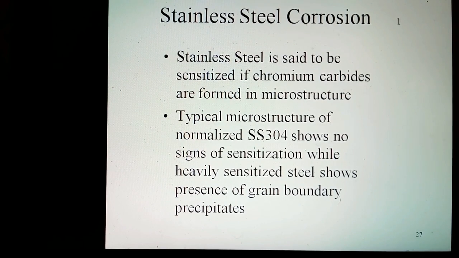The stainless steel is said to be sensitized as chromium carbides are formed in the microstructure. A typical microstructure of a normalized Type 304 stainless steel shows no signs of sensitization, while a heavily sensitized steel shows the presence of grain boundary precipitates. The dark lines in the sensitized microstructure are networks of chromium carbides formed along the grain boundaries.